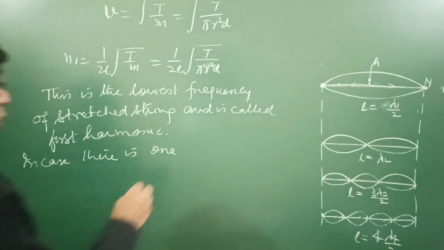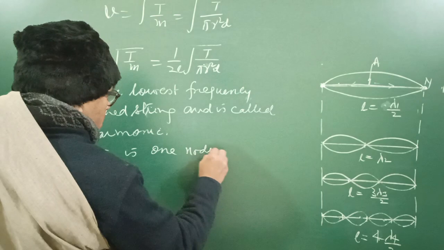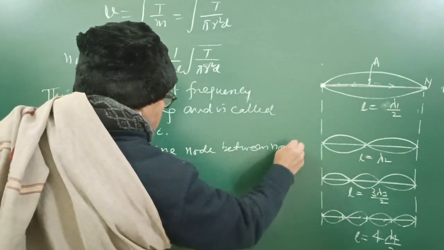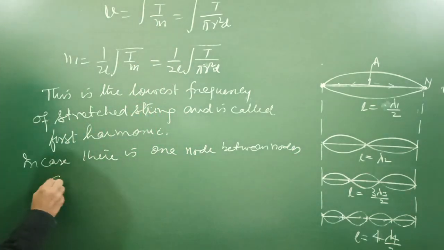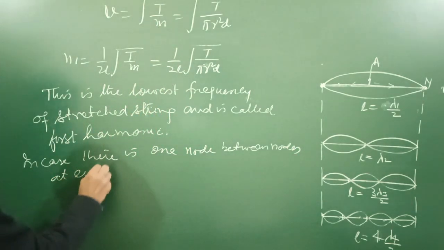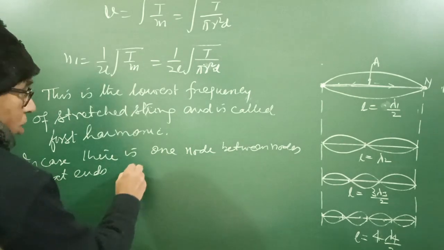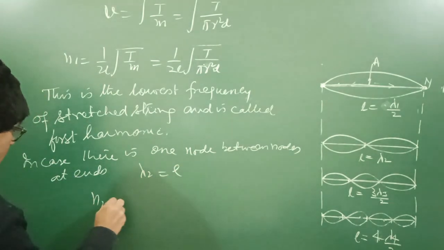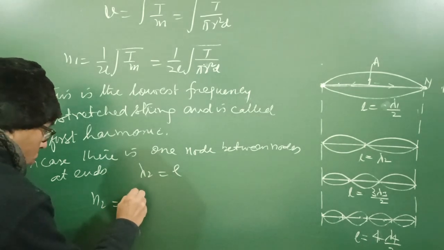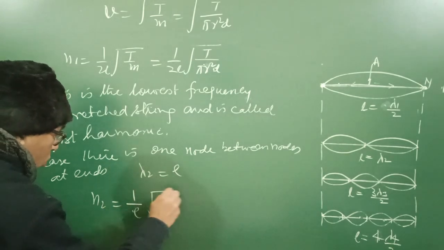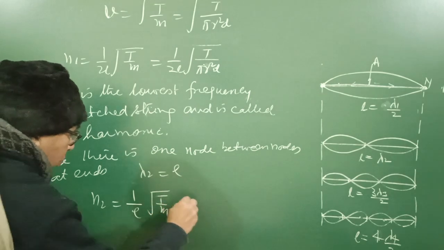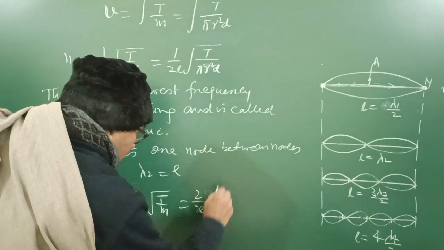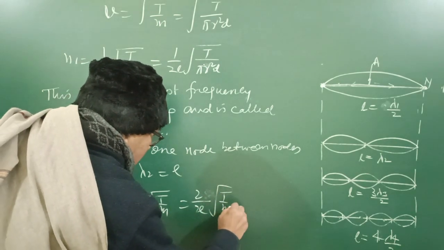In case of one node between the nodes at the ends, lambda 2 is equal to L, so frequency N2 is 1 upon L under root T by M. So you can write 2 upon 2L under root T by M.